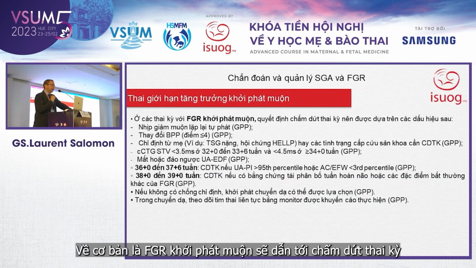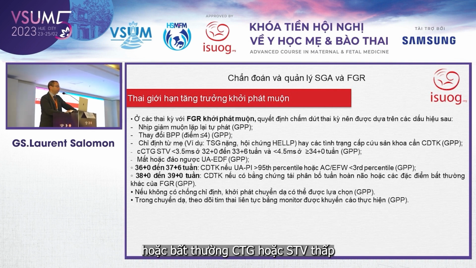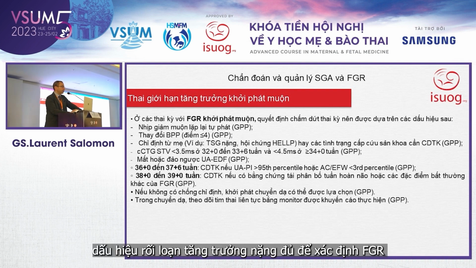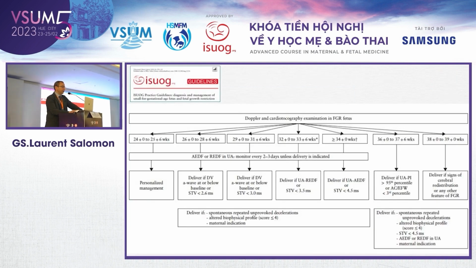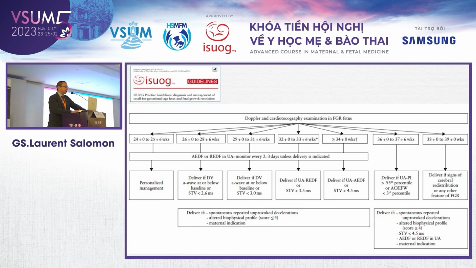So basically, late fetal growth restriction will lead to delivery, of course, in any case if you have maternal indication, or if you have abnormal CTG, or if you have a low short-term variability, of course if you have an absent end diastolic blood flow, and if you see signs of abnormal umbilical artery Doppler, or if you see signs of severe smallness that are enough to define growth restriction, you will decide to deliver these babies.